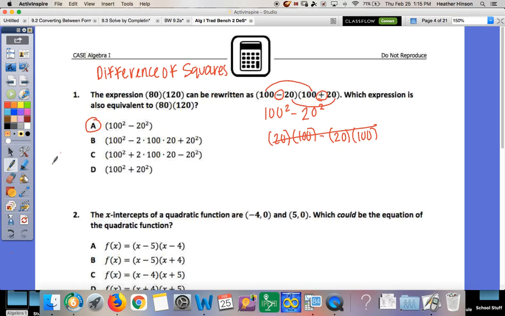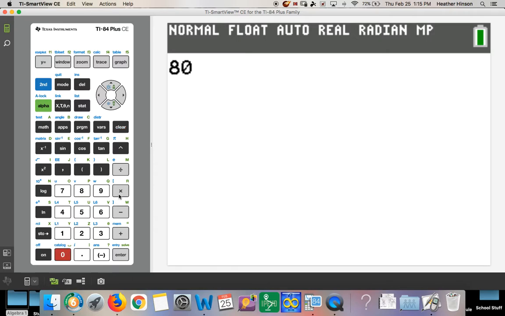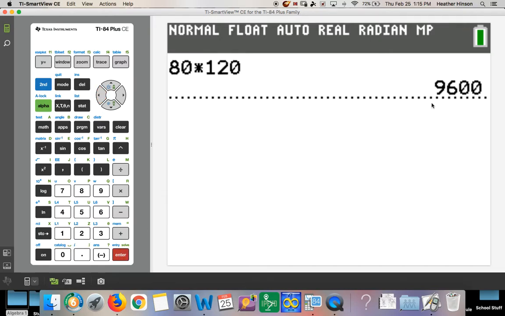However, there is a shortcut to this. All you really need to do is plug these into your calculator and see which one of them equals 80 times 120. So 80 times 120 is 9,600.